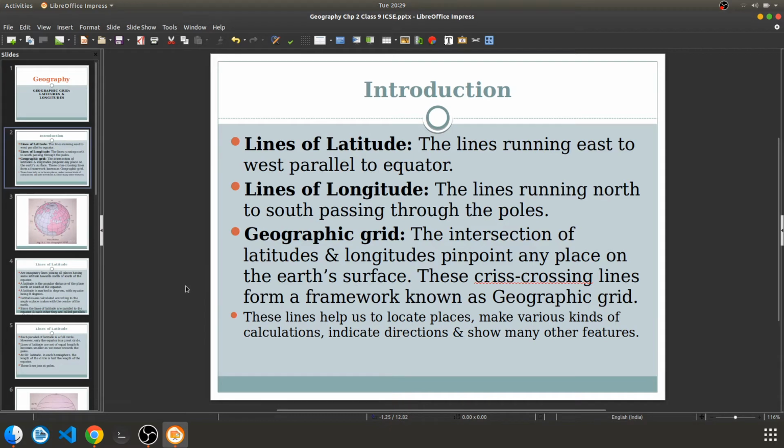So why is this geographic grid used, or why have such things been made? What help does it give us? They help us to locate places.